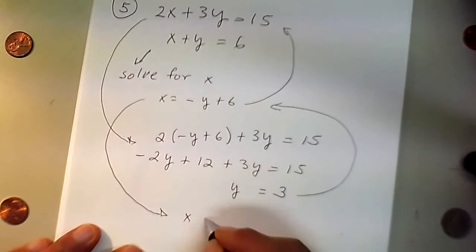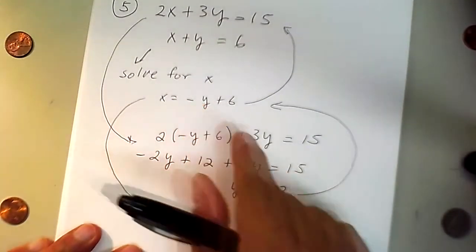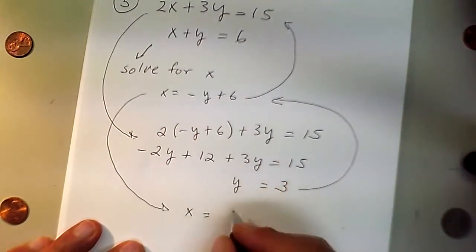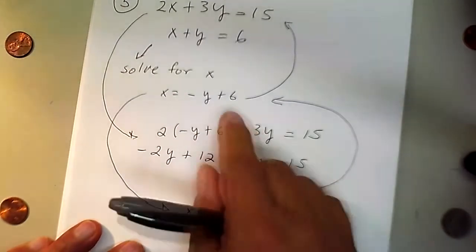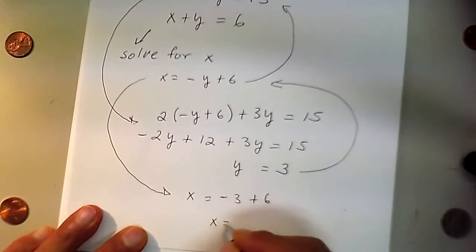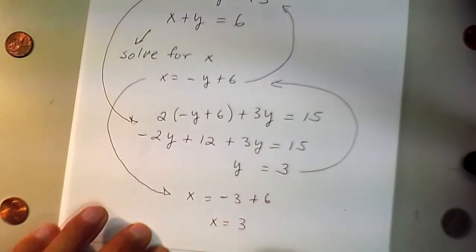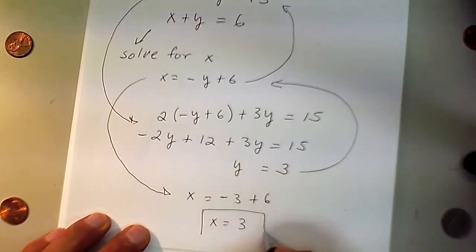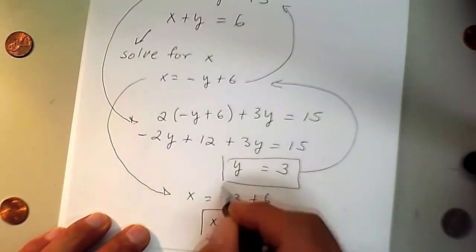So x equals the opposite of y. Y is 3, so its opposite is negative 3, plus 6. So x has to be 6 minus 3, which is 3. And voila, we have x equals 3, y equals 3.